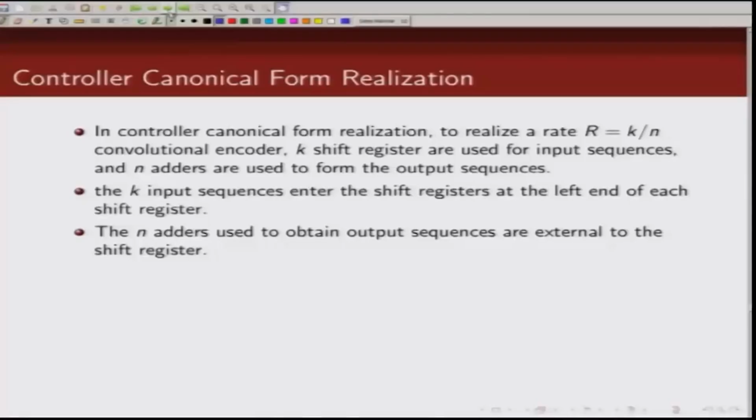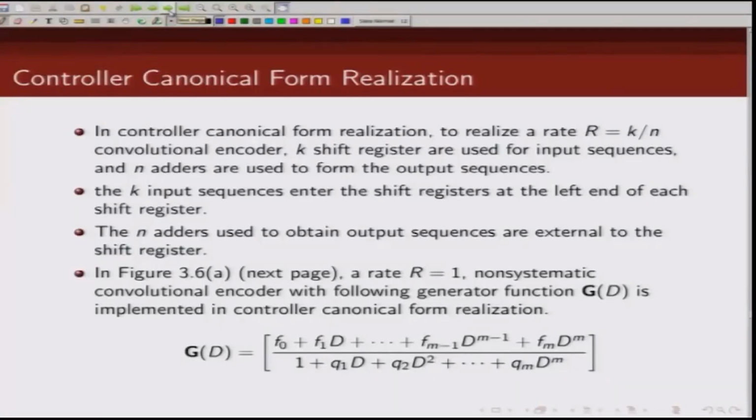So, they are not inside the shift registers. Let us take an example of a rate 1 non systematic convolutional encoder whose generator matrix is given by this. In the numerator you have f0 + f1 D + f2 D^2, and so on. Similarly, in the denominator you have 1 + q1 D + q2 D^2, and so on.